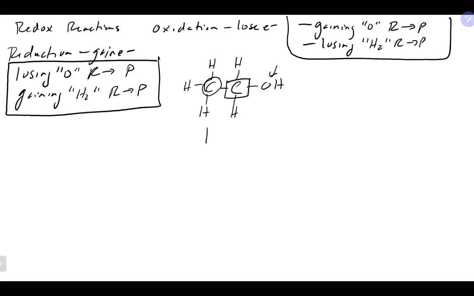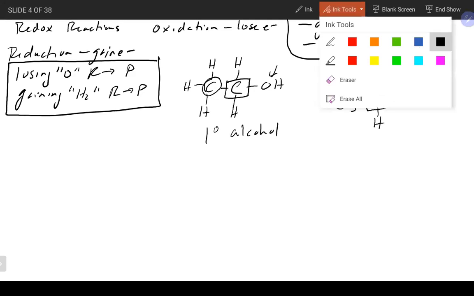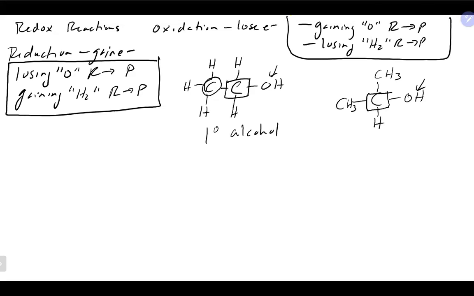This would be a primary alcohol. If I had an alcohol such as this, this is the carbon that has the OH group attached to it, and directly attached to that carbon is one carbon and two carbons.